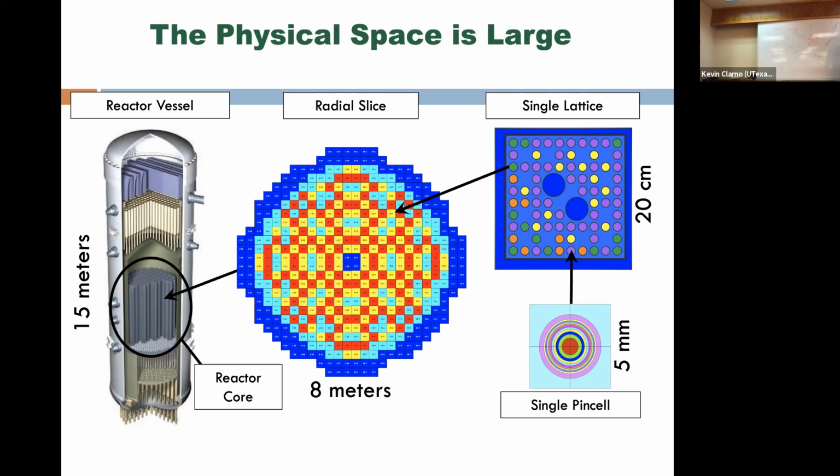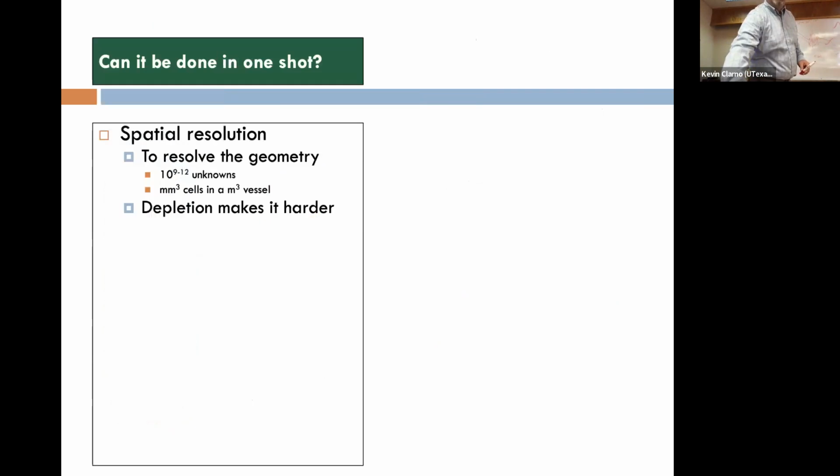And so we have 10 to the 4th cubed size of a problem in space. So our space is on the order of 10 to the 4th cubed, 10 to the 12th.